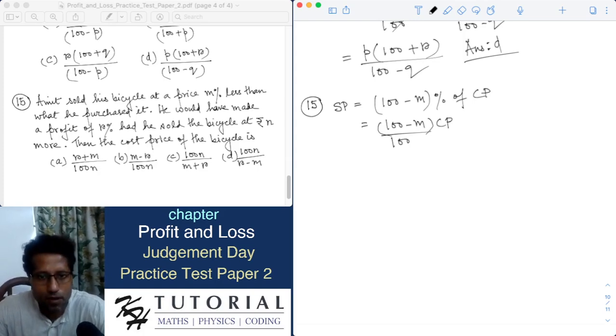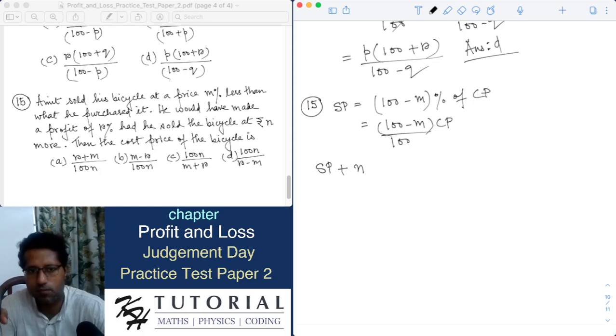He would have made a profit of R% had he sold the bicycle at rupees N more.